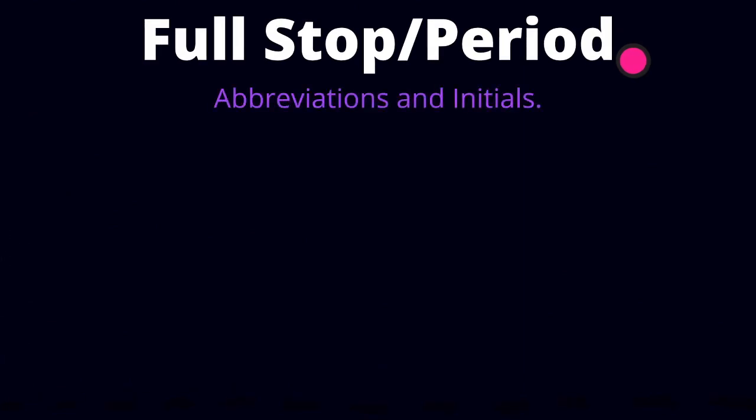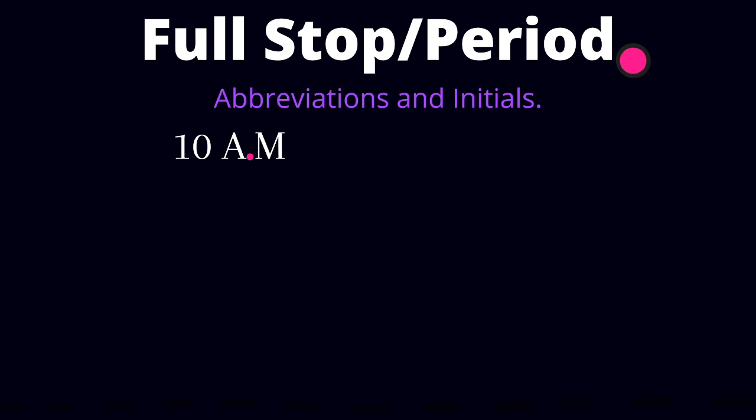And this full stop can also be used in different forms, like you can use this period for abbreviations and initials. This denotes the time, 10 a.m. A and M are separated by a dot, like they are short forms. 10 a.m. is ante meridiem.